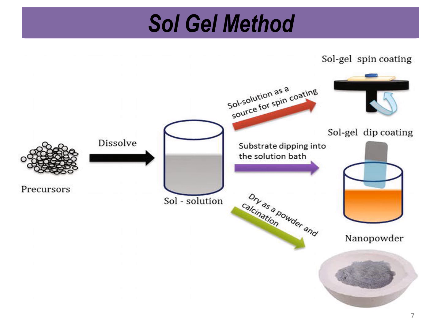The third method is drying as a powder and calcination. The sol obtained is dried and calcined at higher temperature, and that results in a nano powder.